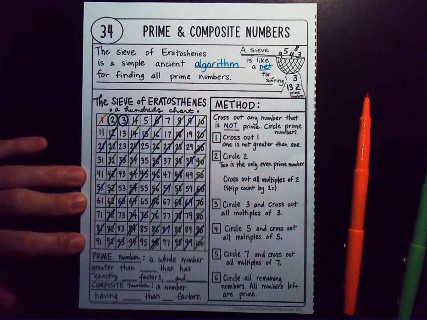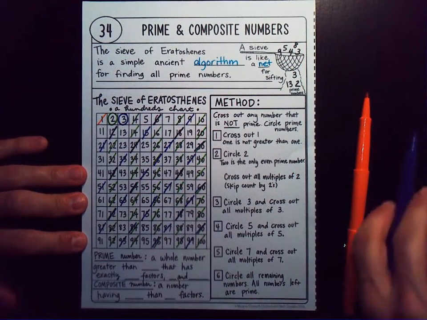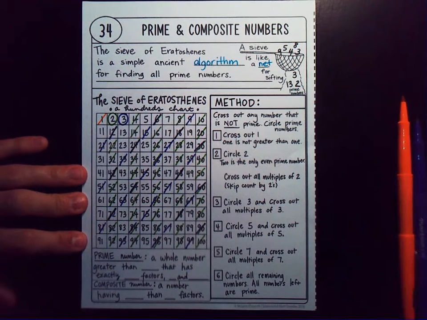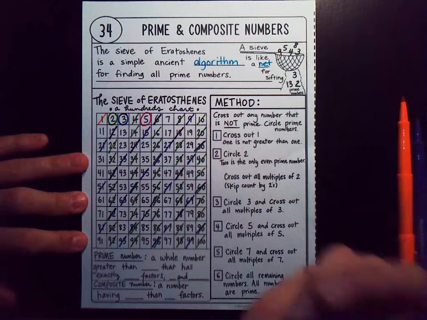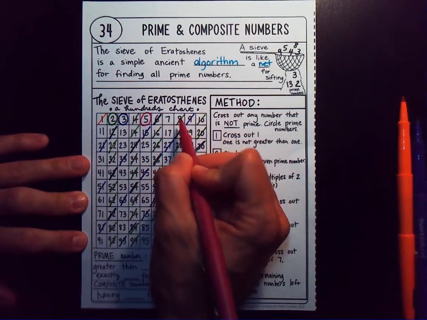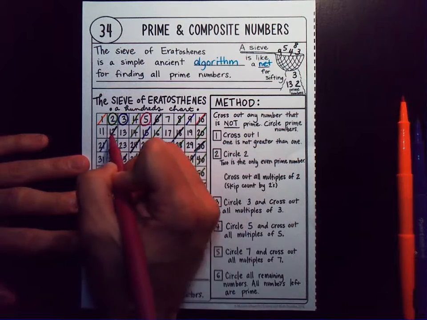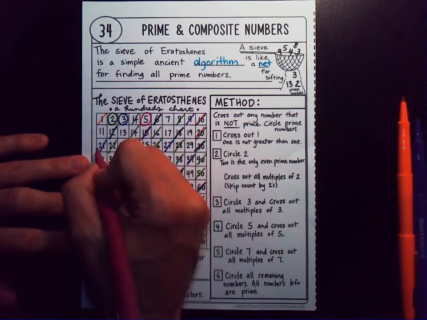Now I'm left with quite a few fewer numbers. Next I go to my next prime, which I know is 5. I circle my 5, then cross off all of my multiples of 5 by skip counting by 5s: 1, 2, 3, 4, 5, and so on.